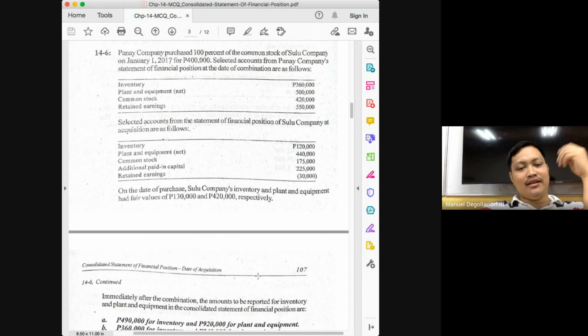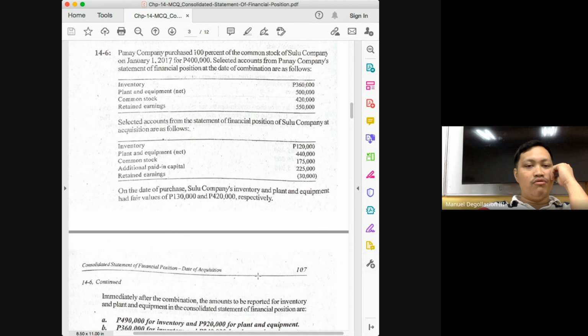So assuming that's the case, instead of just 130 plus 420, let's have the 130, 420 fair value, that's 550. Deduct the hidden liabilities of 190. How much is 550 minus 190?